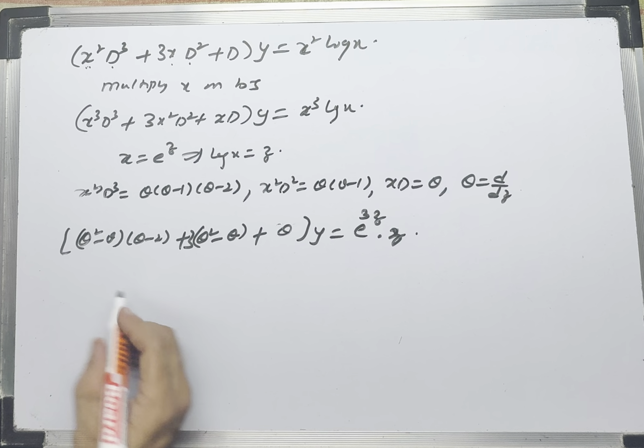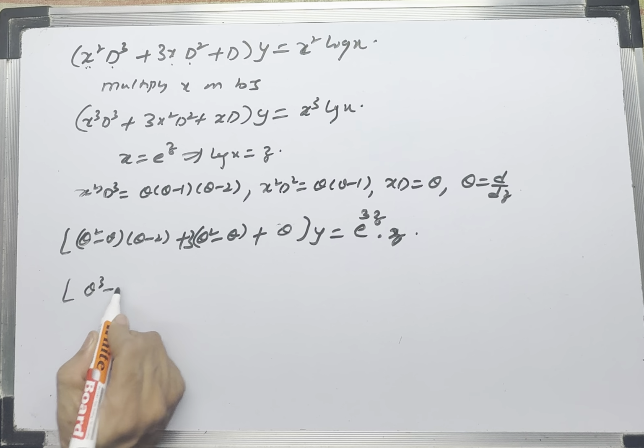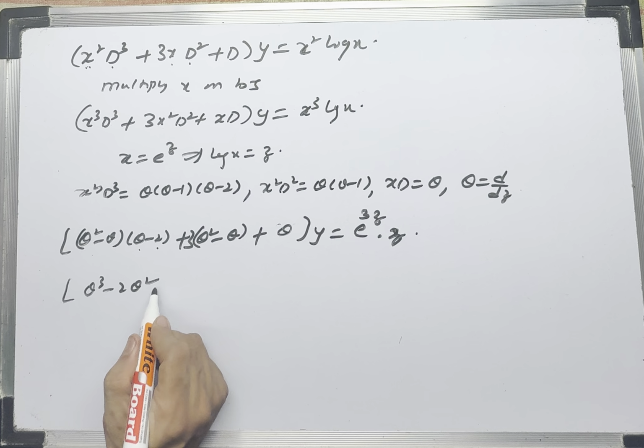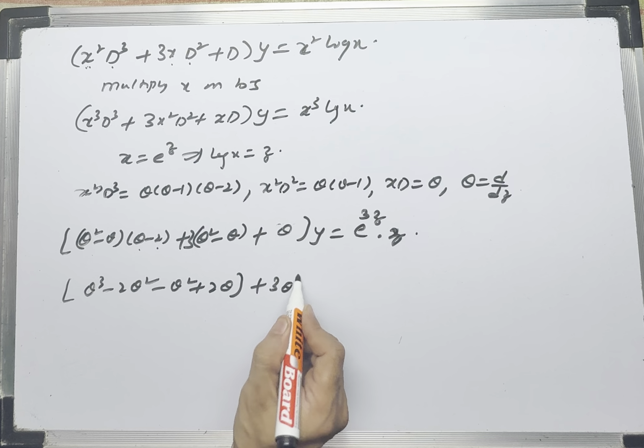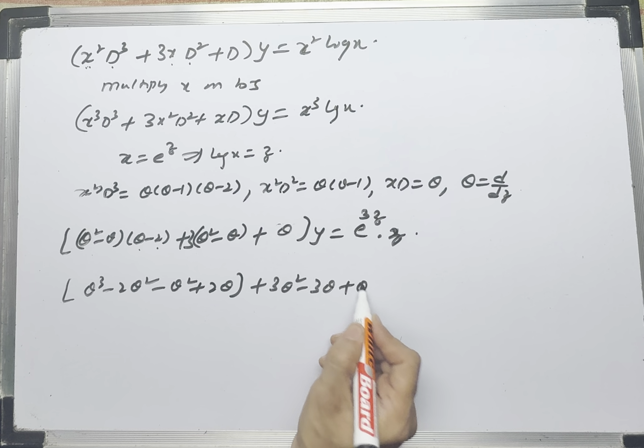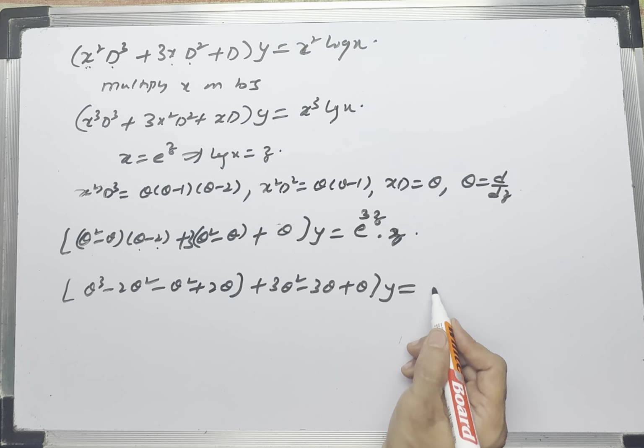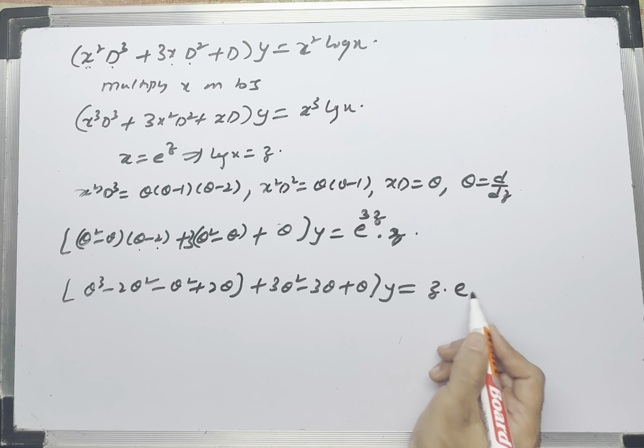Now we have theta cube minus 2 theta square, this is multiplied, then minus theta square plus 2 theta plus 3 theta square minus 3 theta plus theta into y equals z into e power 3z.